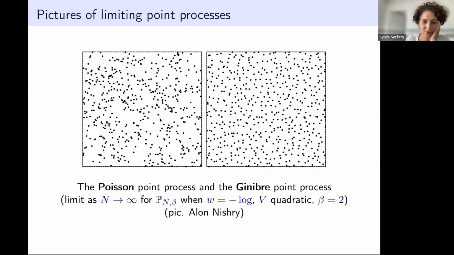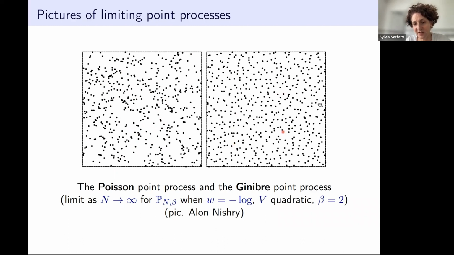These are called point processes. And here are 2 examples of point processes. On the left-hand side, the Poisson point process. That's a point process where you just throw your points uniformly at random in a box, and there's no interaction between the points. So they can totally fall at the same place.